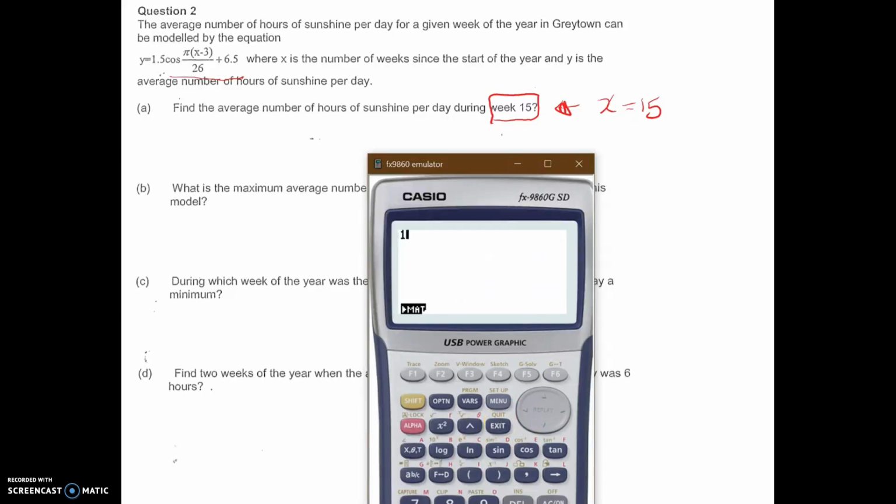Then you're just going to enter it in: 1.5 times cos bracket pi over 26 bracket x minus 3, and I've got to close off 2 brackets here, and then plus, sorry, and my x is 15, so I need to enter 15 there.